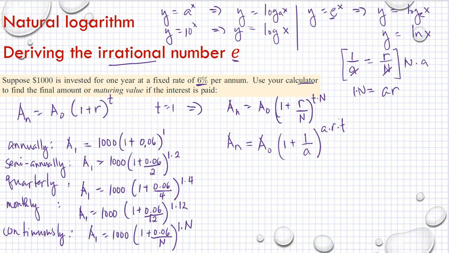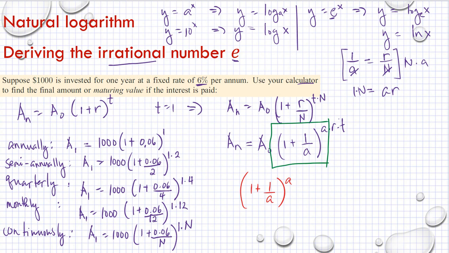Our point of interest now is this one. How about if we put a value of a in 1 plus 1 divided by a raised to a, such that it will be a constant? That is what we're going to see, if we can do that.